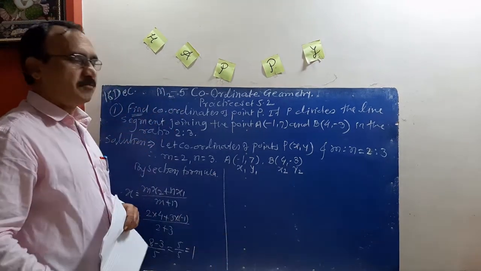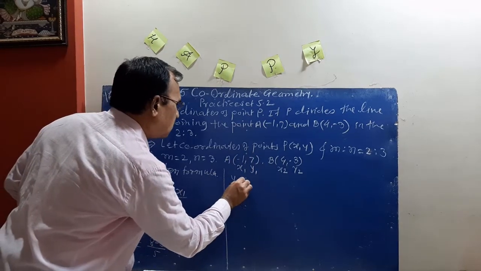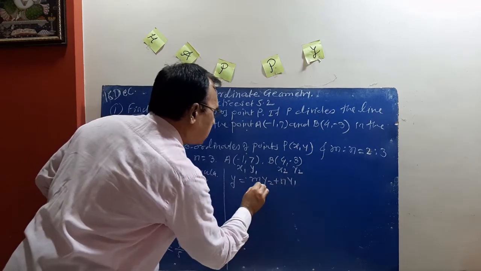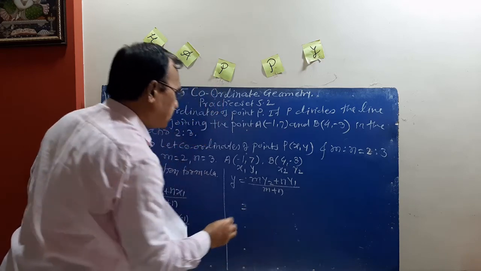Now for finding the y coordinate, y is equal to my2 plus ny1 upon m plus n.